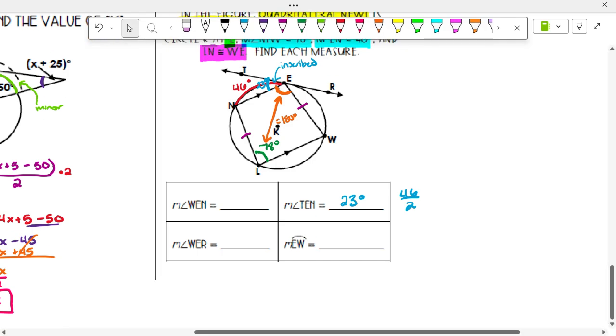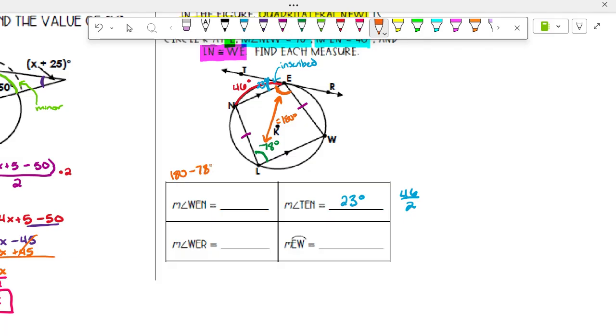So we're going to do 180 minus 78. And that'll give me what? It's what? 102 degrees. So this angle is 102 degrees.